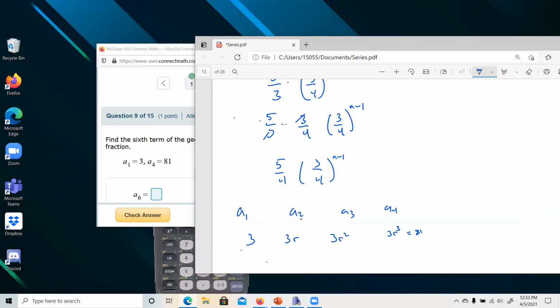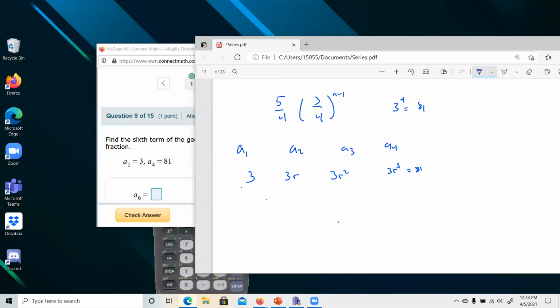Well, I know that 3 to the fourth power is equal to 81. So I'm guessing that r cubed is equal to 81/3, so r is the cube root of 27, and that's 3. So r is equal to 3. They're all the same sign, so I don't have to worry about any negatives.